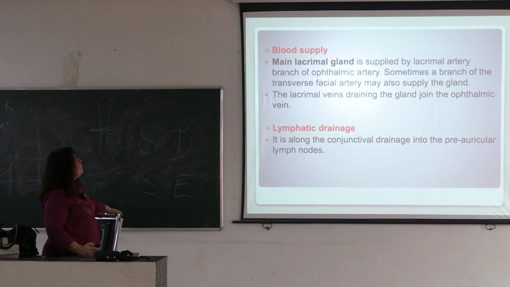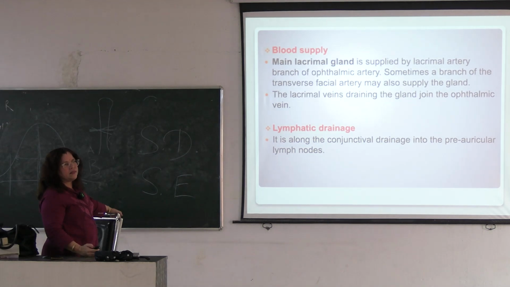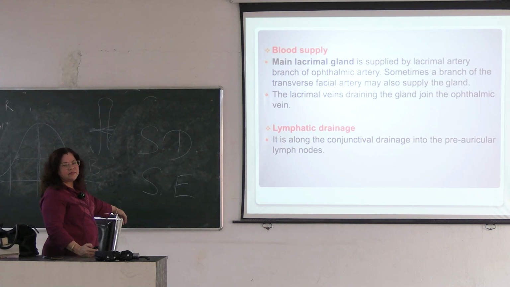Then we come to the blood supply. The lacrimal gland is supplied by, as the name suggests, the lacrimal artery, which is a branch of the ophthalmic artery. Lymphatic drainage is to the preauricular lymph nodes.